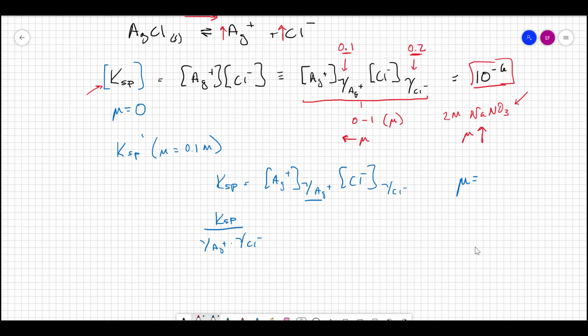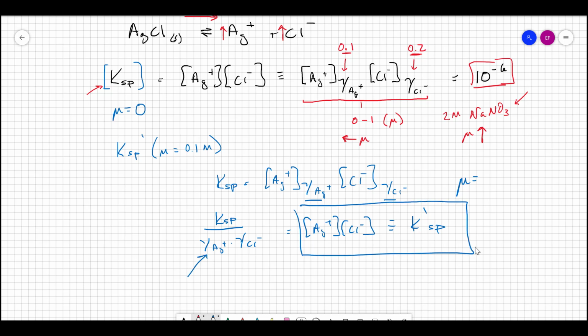So we're essentially just dividing those two components. So now we have silver plus and chloride minus, and that's going to be equal to the activity corrected KSP. So we're just dissolving in those contributions from activity, and that KSP is corrected for whatever mu those gammas were computed over. How do we compute those gammas?